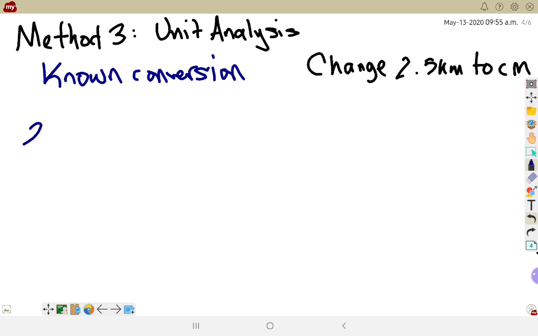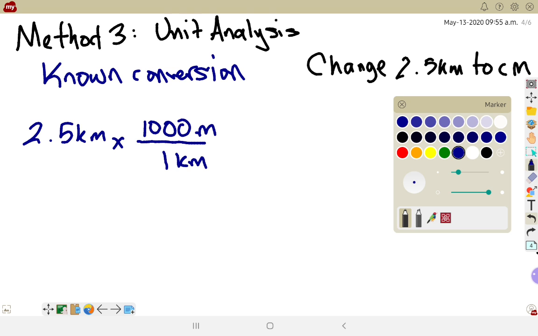So what I'm going to do is start with 2.5 kilometers, and I'm going to think of my kilometers almost as if it was a variable, and I want to cancel that variable. So if I want to cancel out my unit of kilometers, I'm going to have 1 kilometer in the bottom. Well, what's some conversion that I know using kilometers? I can always remember that 1 kilometer is 1,000 meters.